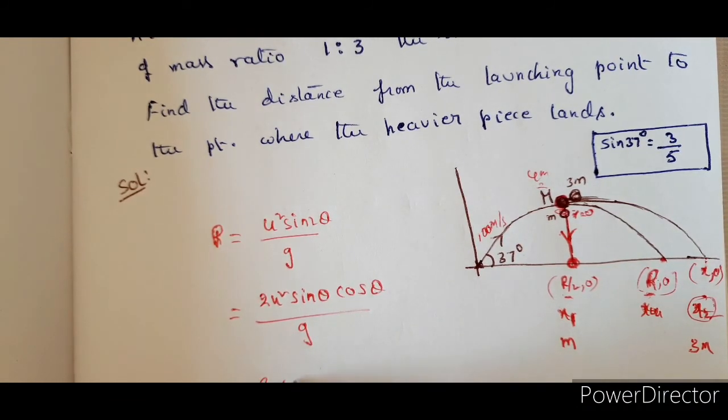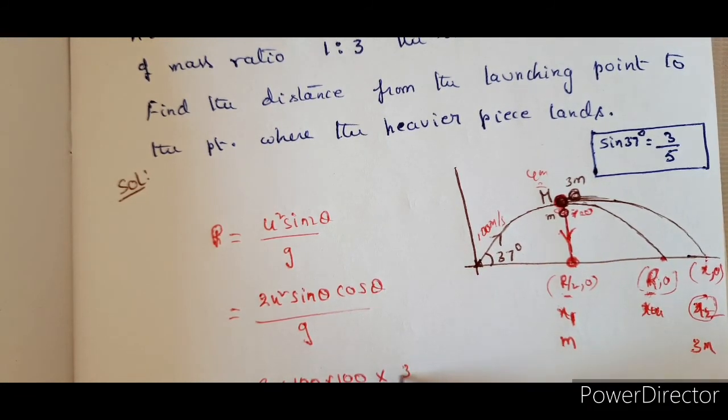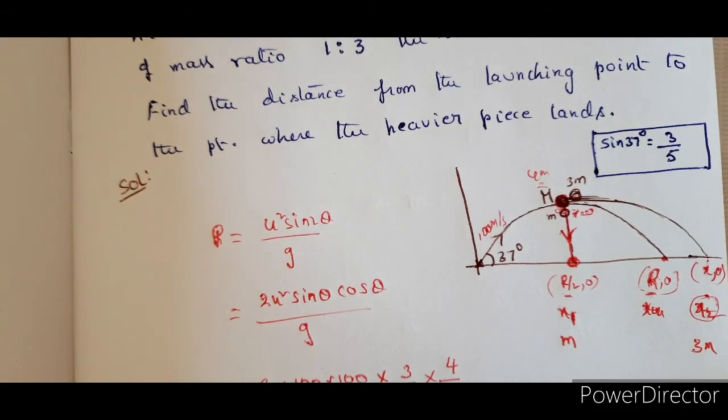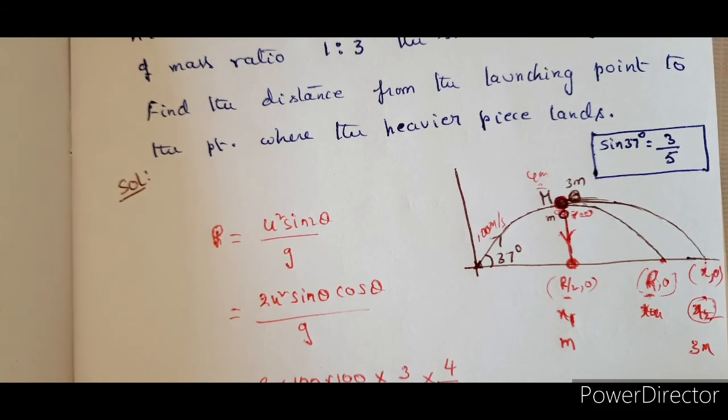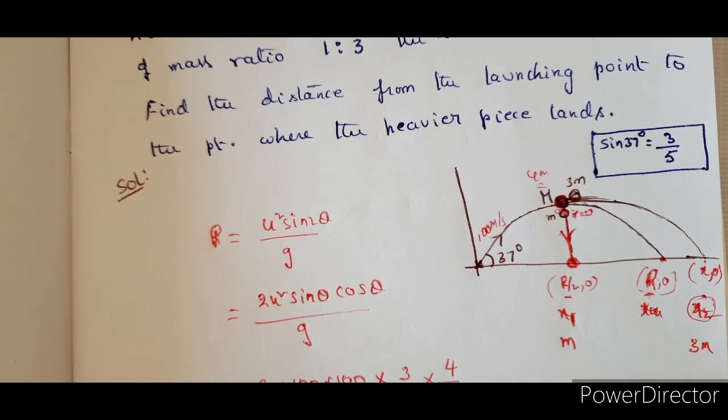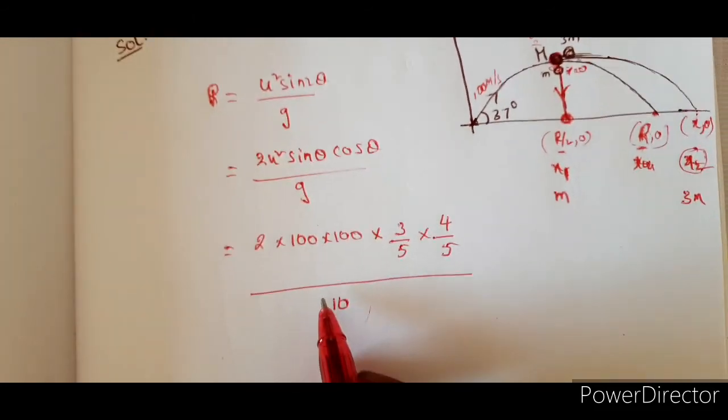So 2 into 100 into 100, this is u square, into sine 37 degrees, which is 3 by 5, into cos 37 degrees, which is 4 by 5, divided by acceleration due to gravity. Approximately we will take it to be 10 because it's easy to cancel here. If the problem is a multiple choice question, you can see the approximate result, even if the examiner takes it to be 9.8.